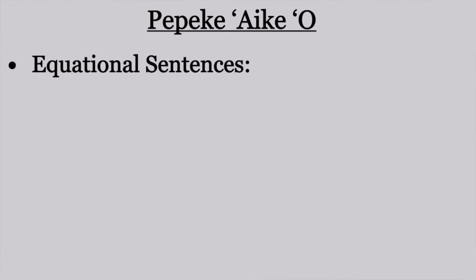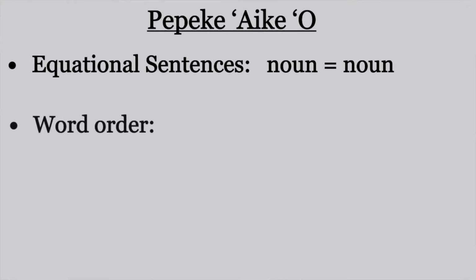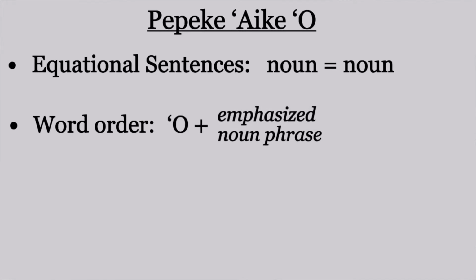Okay, let's review what we learned in this lesson one more time. Pepeke Aike'o are equational sentences. Noun equals noun, and they can be reversed. The word order for the Pepeke Aike'o, or equational sentence, is o plus the noun or noun phrase you're emphasizing, plus your other noun or noun phrase.